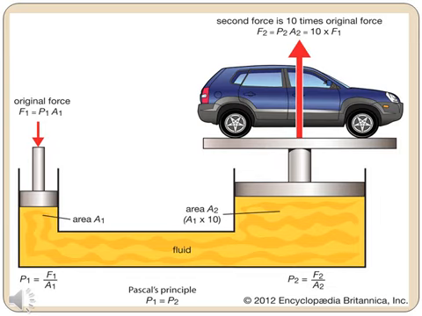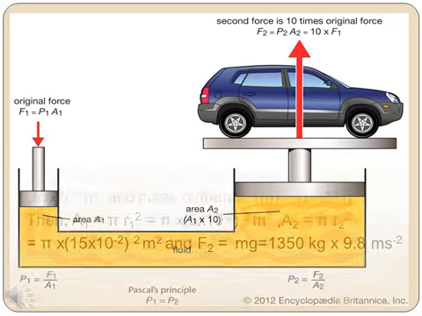Then, in this device, the input force applied on the smaller piston in the downward direction gets multiplied 10 times to exert the upward force on the car. So, its mechanical advantage A2 by A1 is equal to 10.